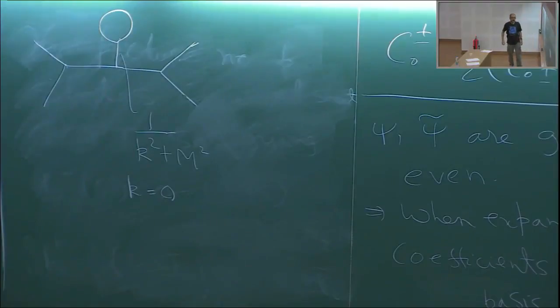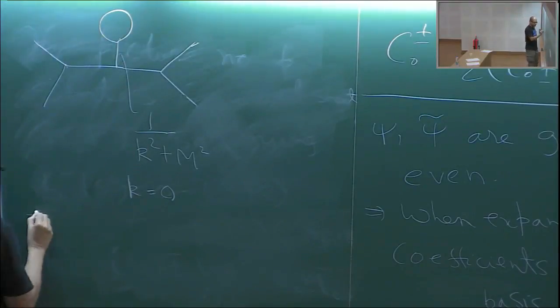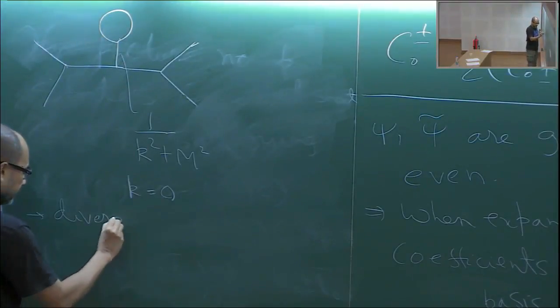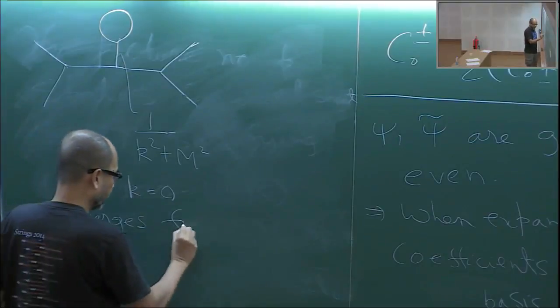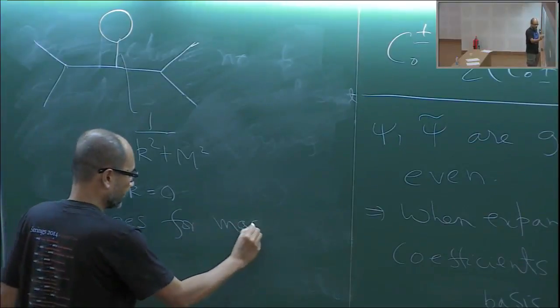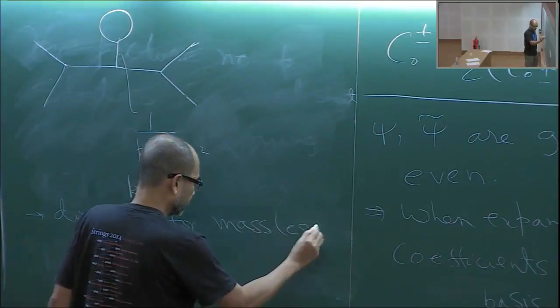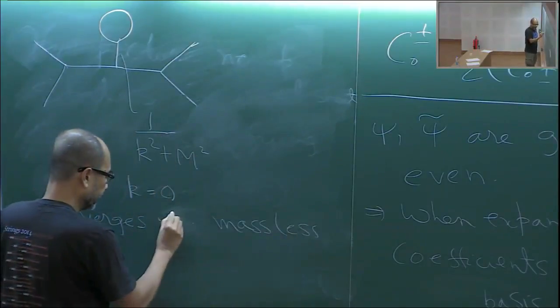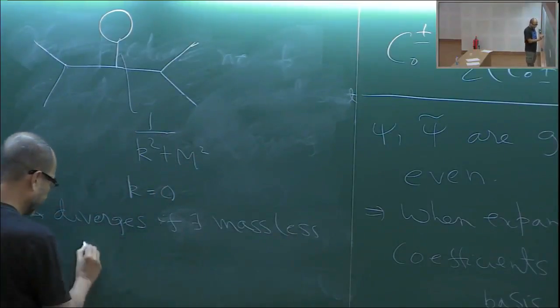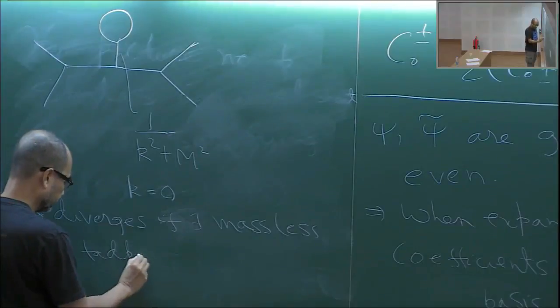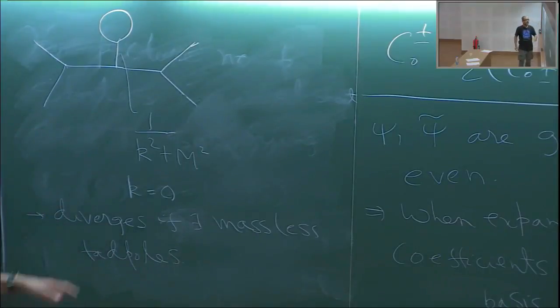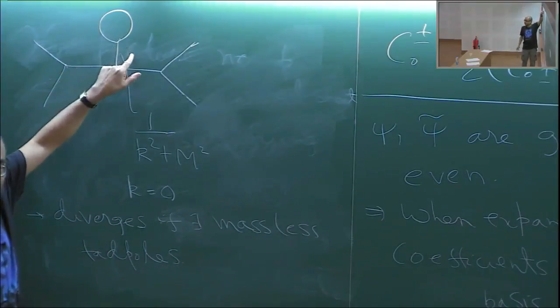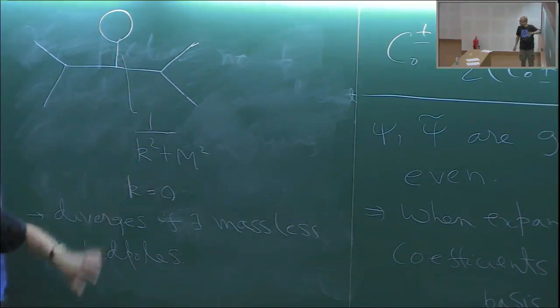So this diverges for massless tadpoles. If there is a massless field with a non-vanishing one-point function, then this is divergent.